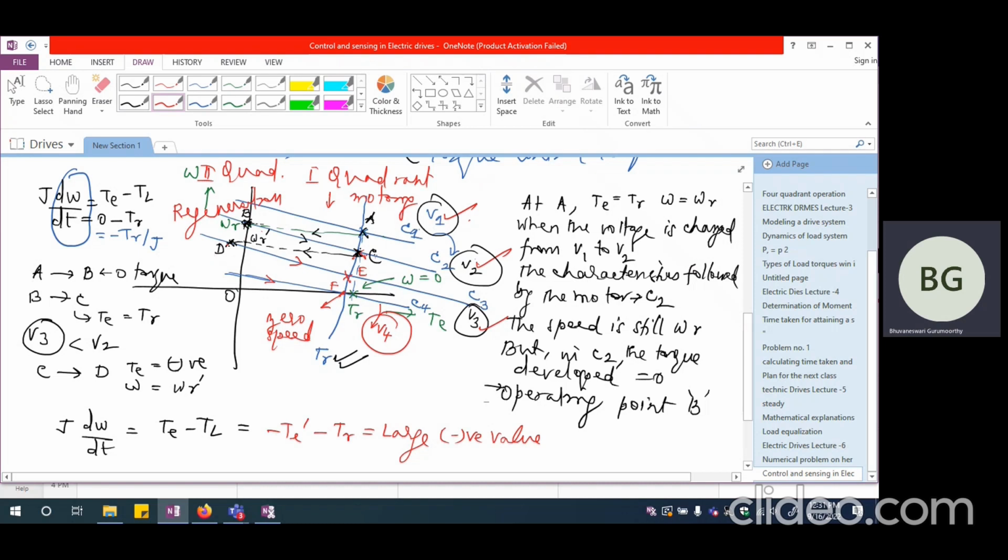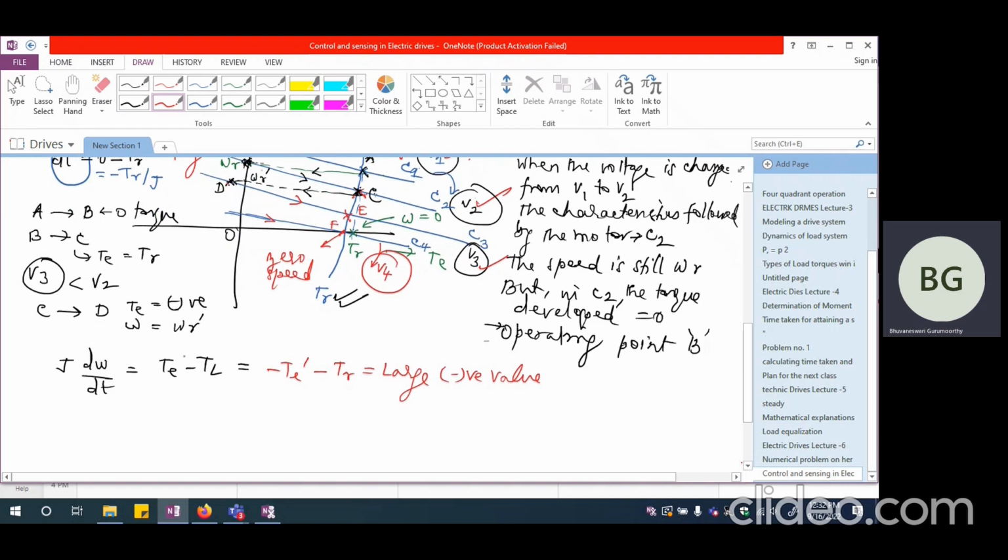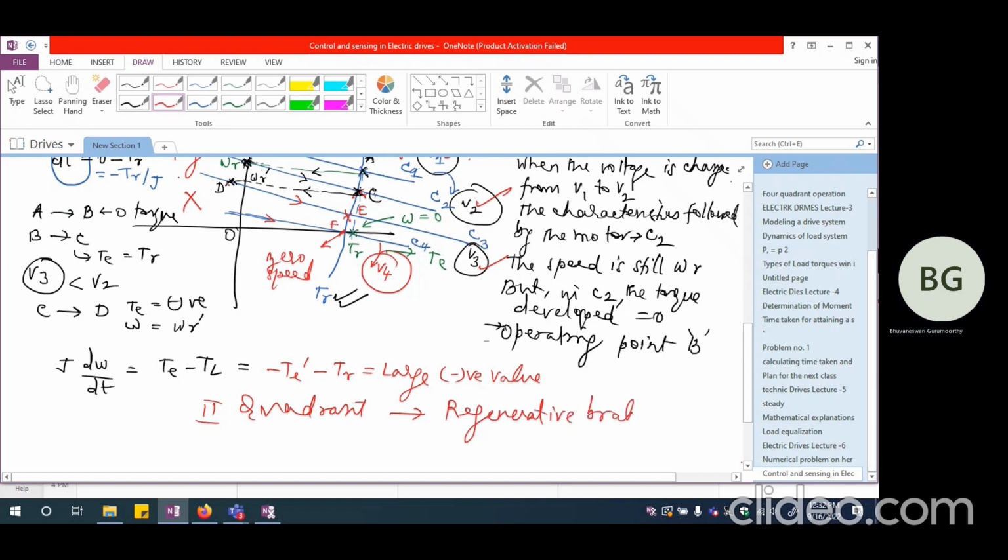And in the process of bringing down the speed, you normally see that you are developing a negative torque or zero torque. That is the reason why we call the second quadrant of operation, which is actually here, regeneration or regenerative braking.